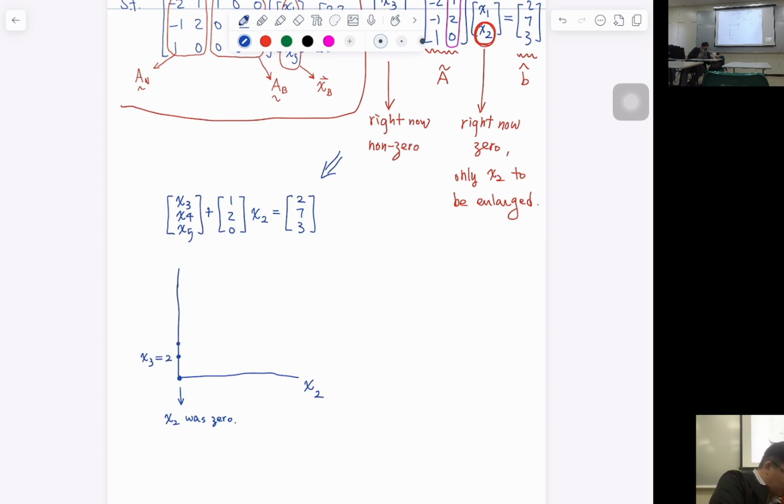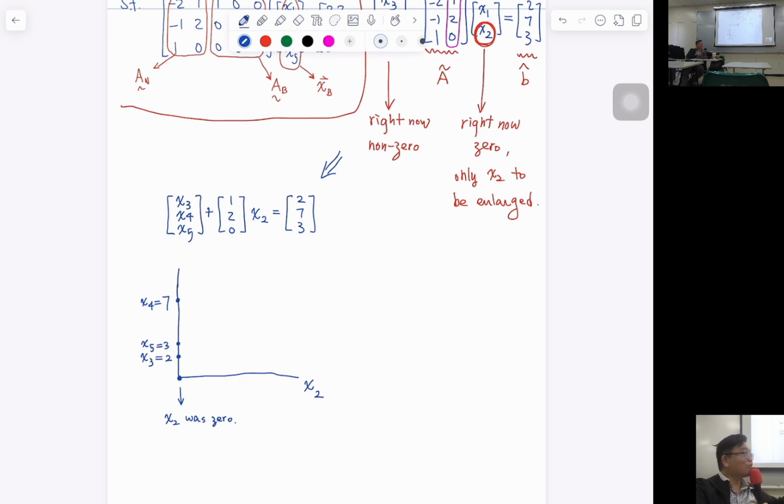And x5 was 3. So here, x4 was 7. But x2 was 0. Now I'm going to enlarge x2 and see how x3, 4, and 5 change. But the way they change must satisfy this set of equations.